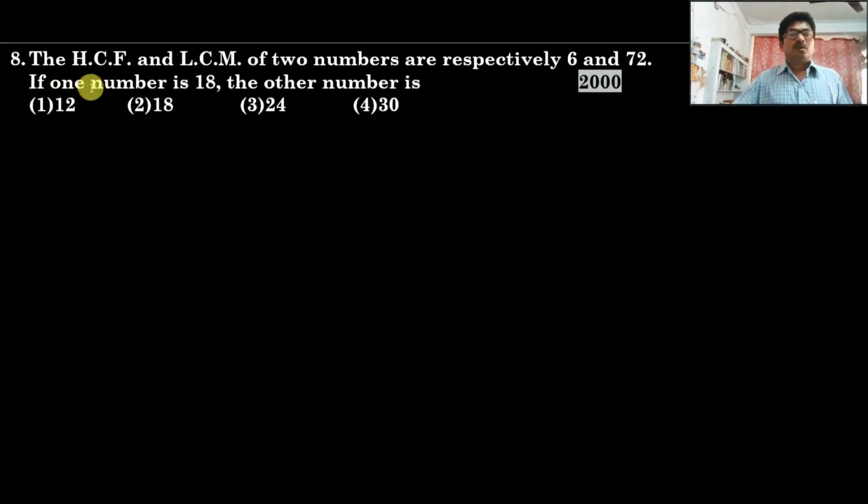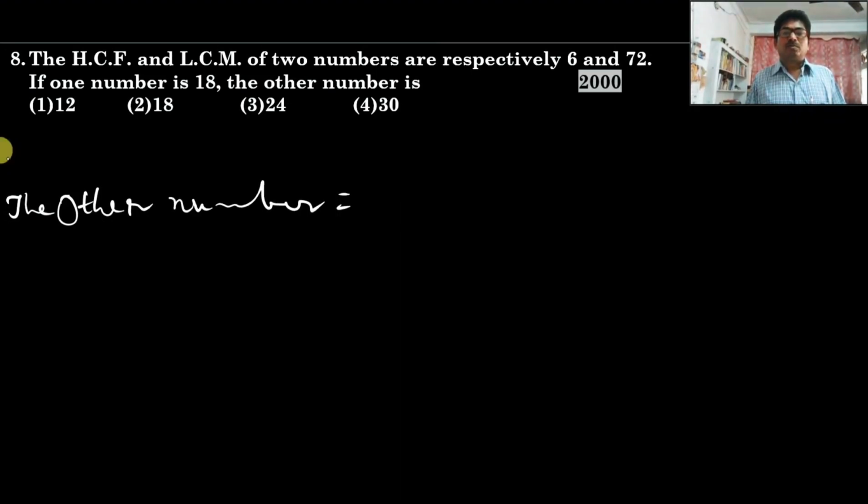Eighth, the HCF and LCM of two numbers are respectively 6 and 72. If one number is 18, the other number is equal to LCM into GCD by the given number.